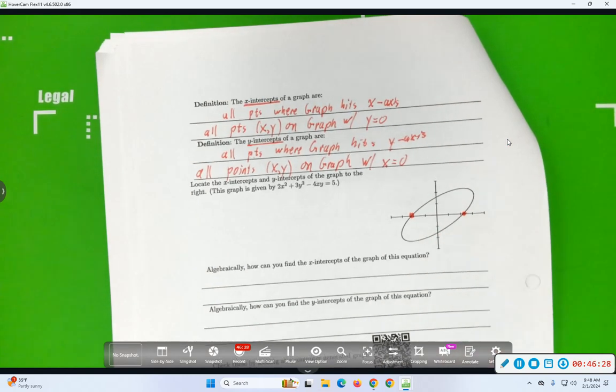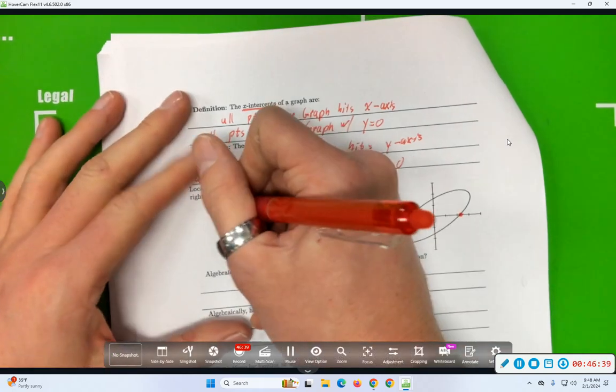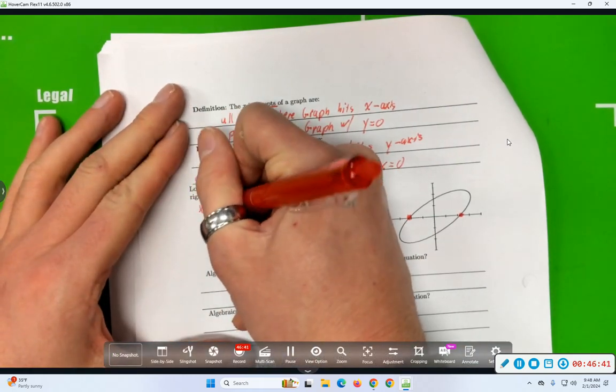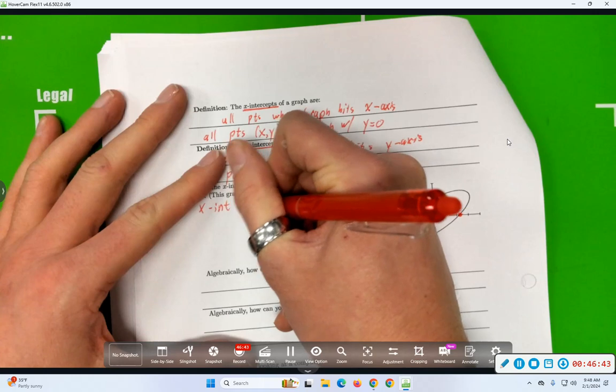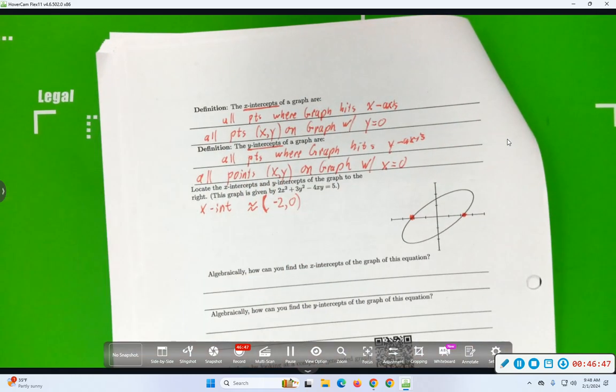By eyeballing this, about where do the x-intercepts of this thing seem to be? -2 and +2. The x-intercepts seem to be at about, and I'm going to be a slight pedant here, not at -2, at -2 comma 0, right?